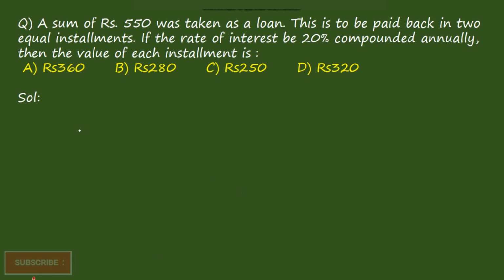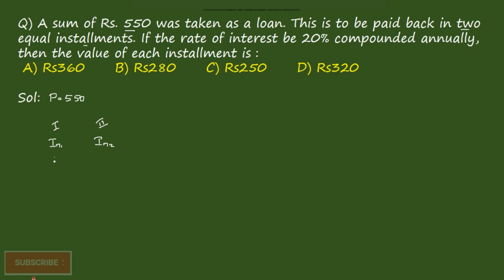First, to understand the question. They're saying that a sum of 550 was taken as a loan, so the principal is equal to 550. Again, they're saying this is to be paid in two equal installments. If you consider this one as the first installment, this will be the second installment. Then there will be an interest IN1, and the second one also IN2 interest.